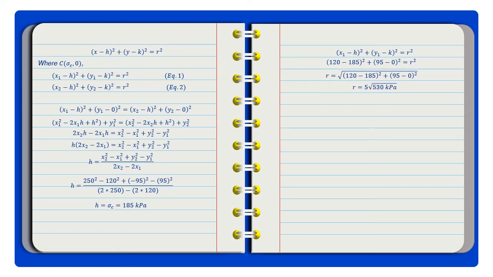So, that will be a value of the radius, 5 square root ng 530 kilopascal. So, this is an alternative for our equations na pwede nating gamitin to determine the radius and the center of the circle.